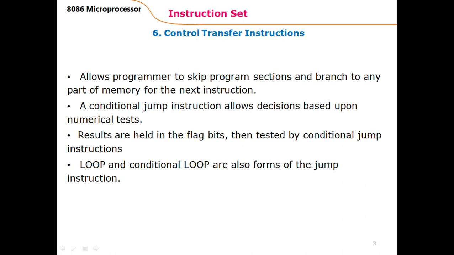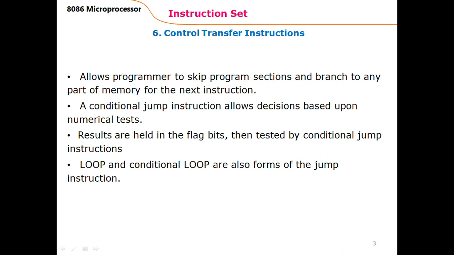The result of such instructions that perform numerical computation or numerical test is stored in the flag bits, and then those flag bits are tested by conditional jump instructions, and based upon the result of those flags, whether or not a jump is taken to another location inside the memory.